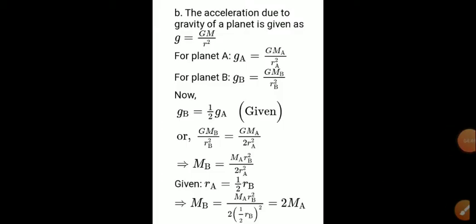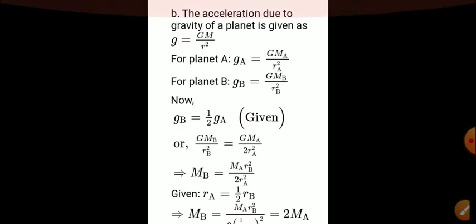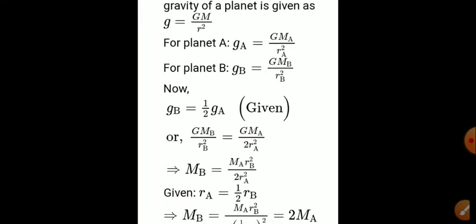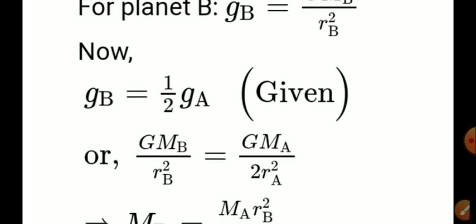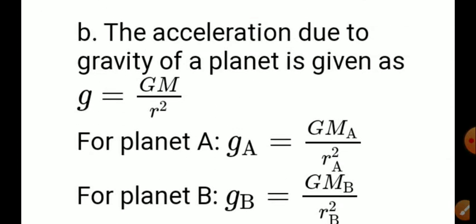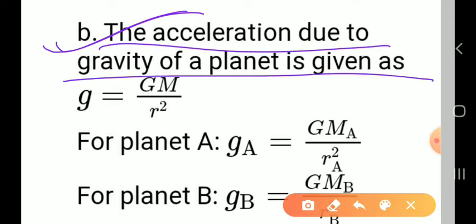Here we will see children that the acceleration due to gravity of a planet is given as g is equal to GM upon r square.